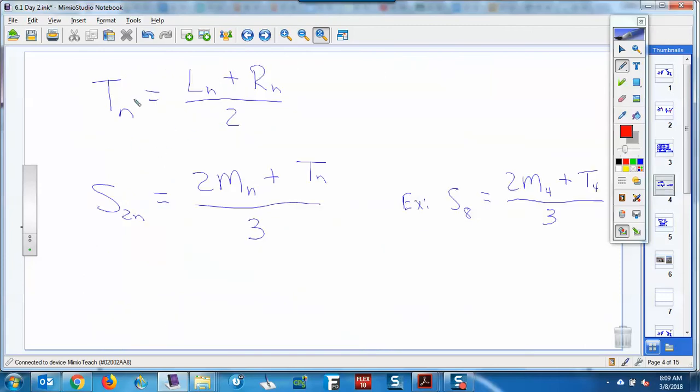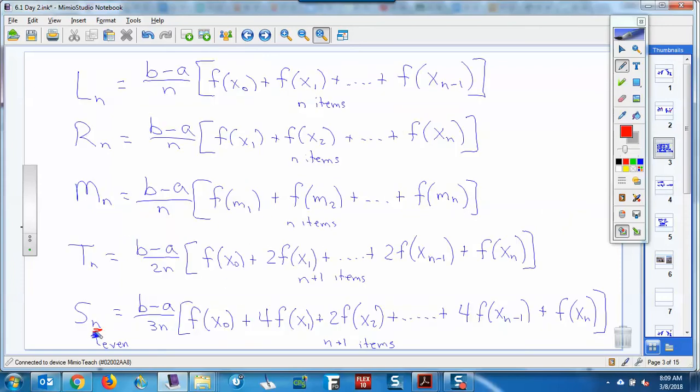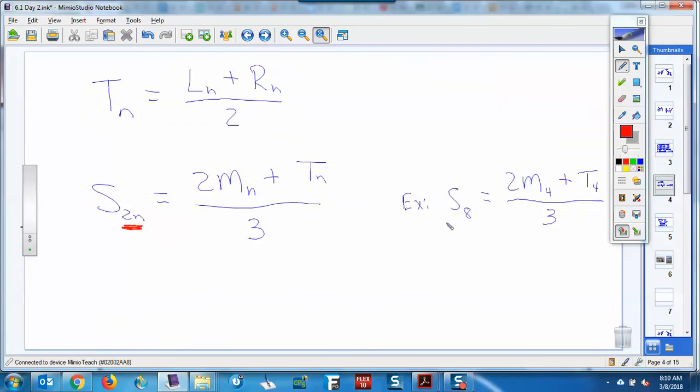And then we had our shortcut formulas, which you can use. And just remember on this one, it says 2n here, but it's only n back here. So if you have an S8, that's 8 subdivisions. But remember the reason that's an S8, it uses M4 and T4.